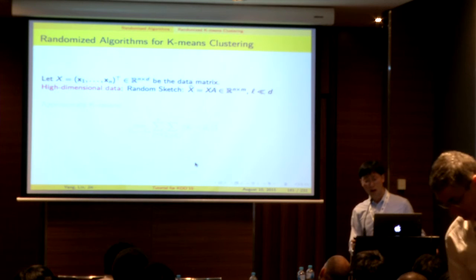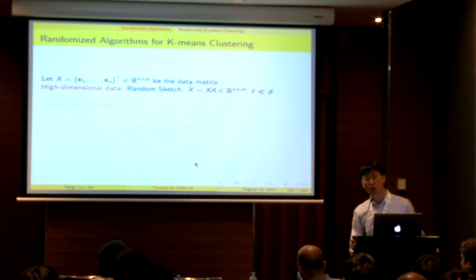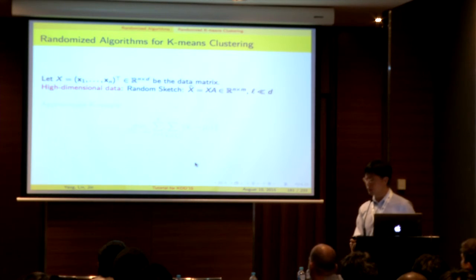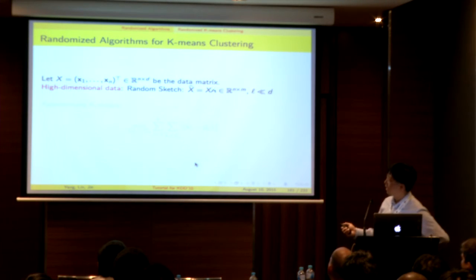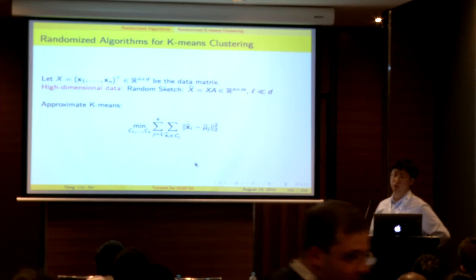The idea is very simple, given we have talked about the randomized dimension reduction approach. Say we have a high dimensional problem. We can use randomized reduction to reduce the dimension d to m, which could be much smaller than the original dimension d, and then solve k-means using the reduced features.